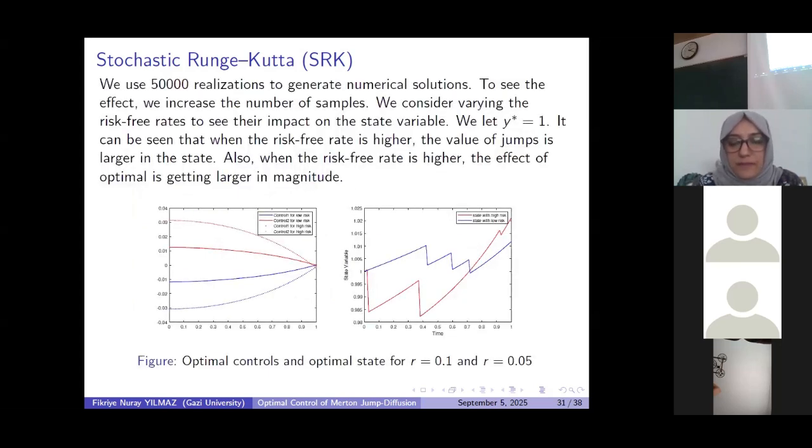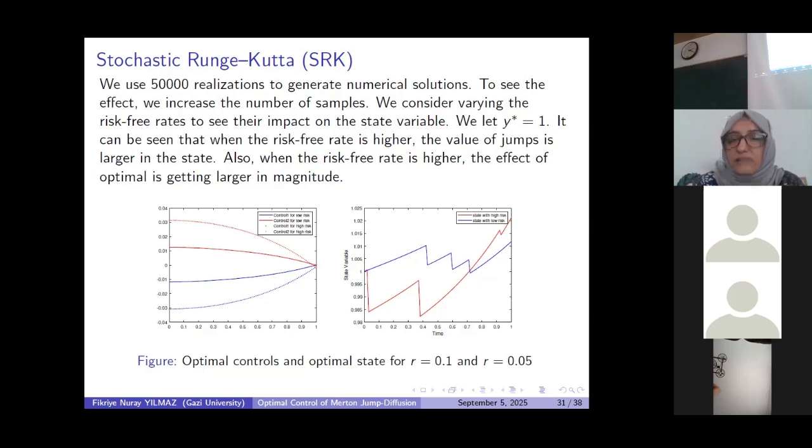So we consider some examples to compare the effect of risk coefficients. When we get a big risk coefficient, then our control is getting larger. If it is smaller, then it is smaller.